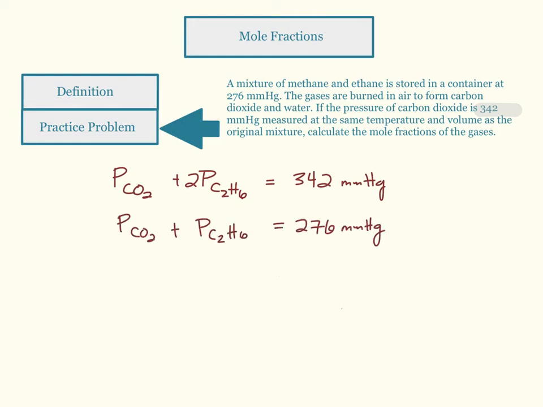Now that we have two statements that are true with two variables, we can solve this system of equations using your favorite algebraic method. I like using substitution personally, so let's give that a go. We have another way of saying the partial pressure of CO2 is 276 minus the partial pressure of ethane.